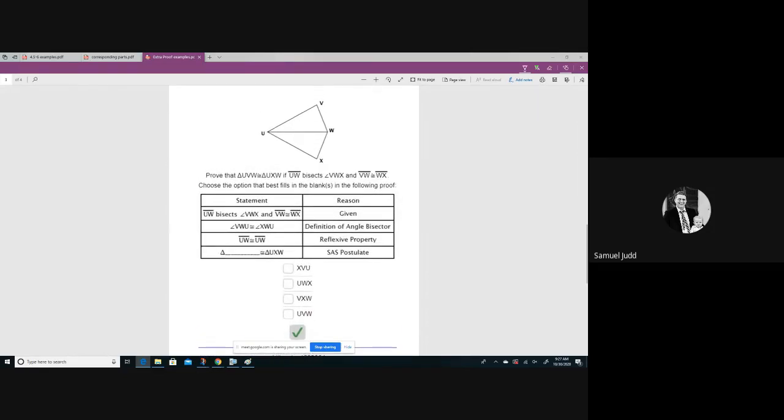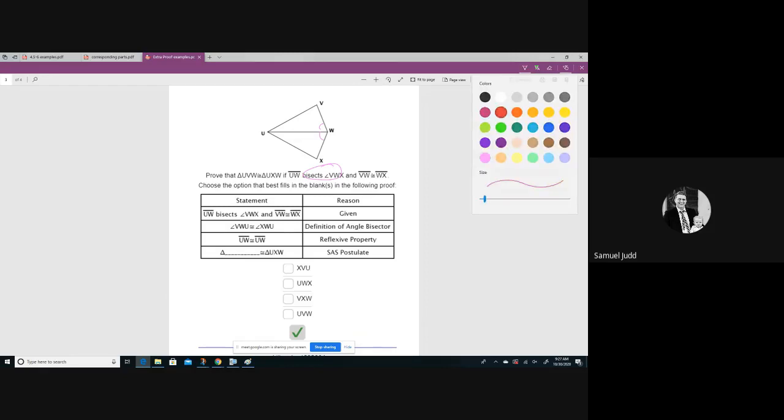All right, let's look at this guy. We're going to prove that the triangles UVW and UXW are congruent if UW bisects the angle VWX. Okay, VWX is right here. So I know those two angles are congruent if the angle is bisected.